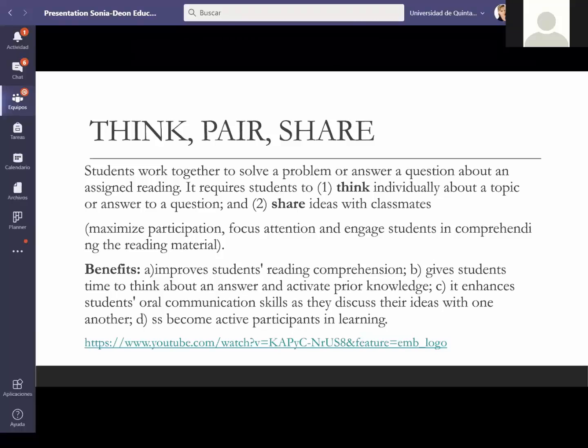And also it increases our confidence with our classmates because we are always afraid of making mistakes in class in front of our classmates, in front of the teacher. And I think this helps us to develop more confidence, and as we are talking with our classmates, we can have a better development about the topic and also create our own critical point of view about it. So yeah, I think it's really helpful and a really good strategy.